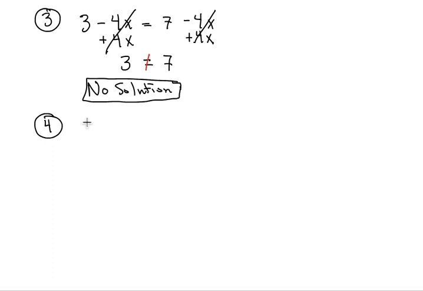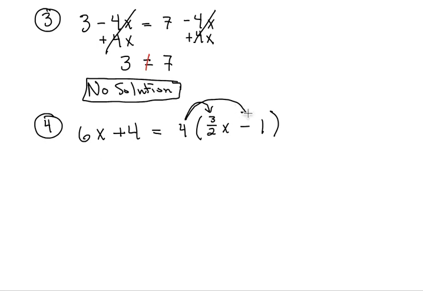This next example is a little harder to see: 6x plus 4 equals 4 times 3 halves x minus 1. I don't see anything, but I see that I have a distributive property here, so I can take 4 and multiply it by each of those.